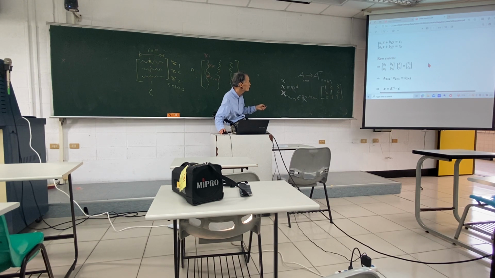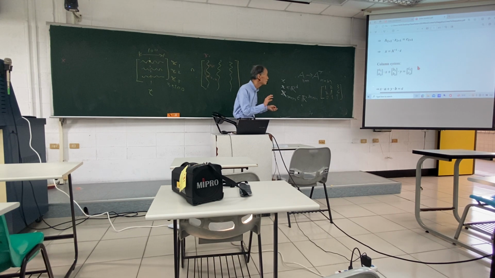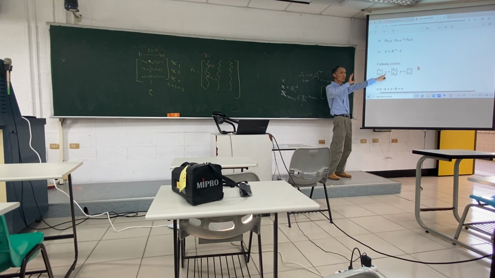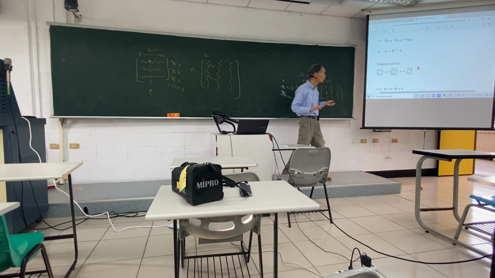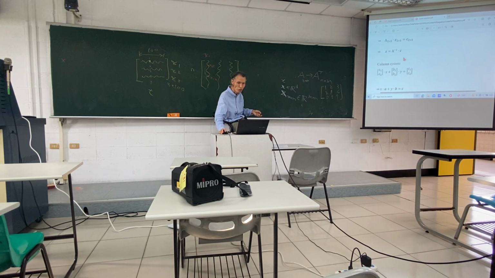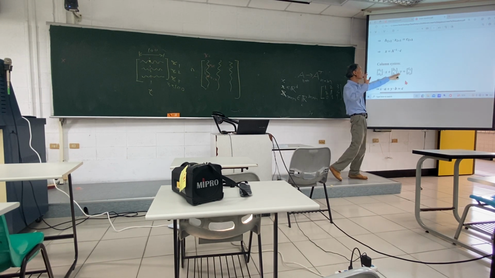By column, we take A1, A2 as a column vector, times some unknown scale, and then plus B1, B2, which is the coefficient of the second column, with some unknown scale.